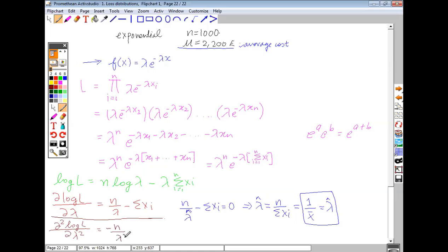And is this greater than or less than 0? It's less than 0, because lambda squared is positive and n is a positive number, which I know here is 1000. So minus of some positive number is of course less than 0. Therefore, indeed, it's a maximum. I hope that's clear. And this is how you can use the maximum likelihood estimation.